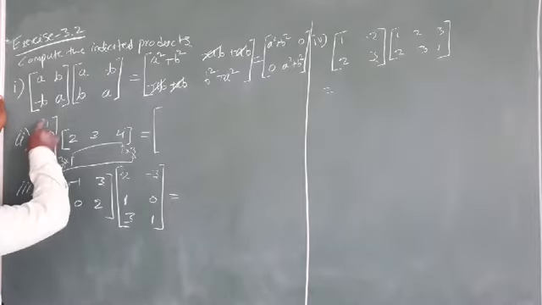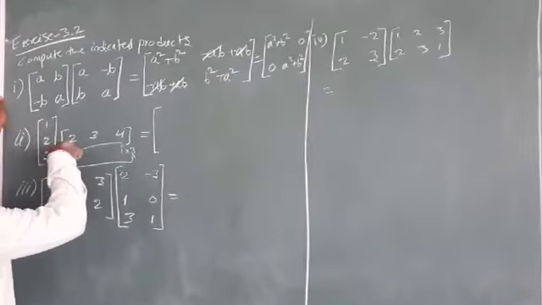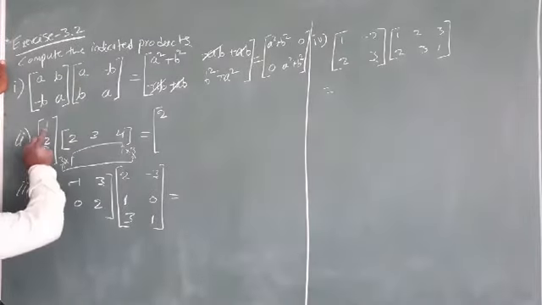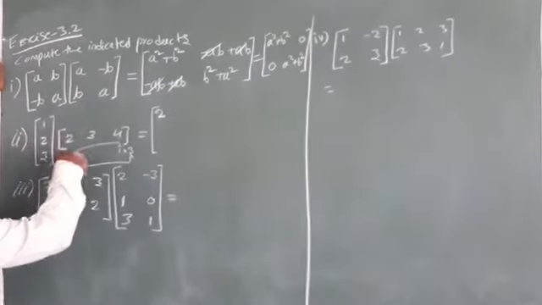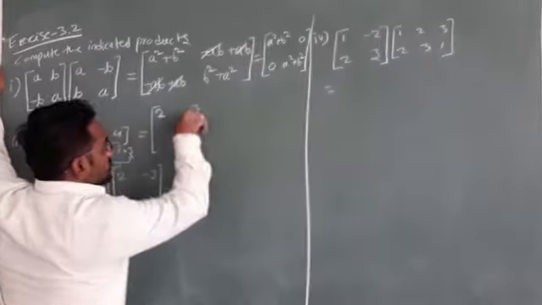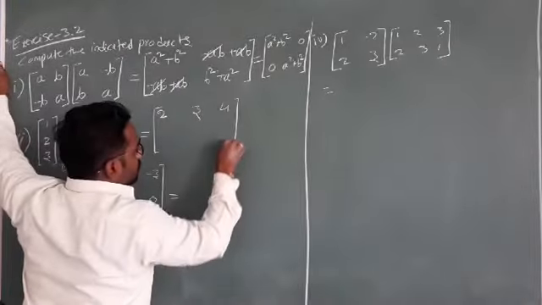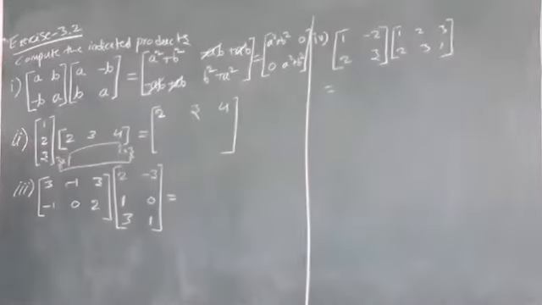So that is the first row with the first column element, 1 into 2, 2. 1 into 3, that is 3. 1 into 4, that is 4. The first row elements are over.